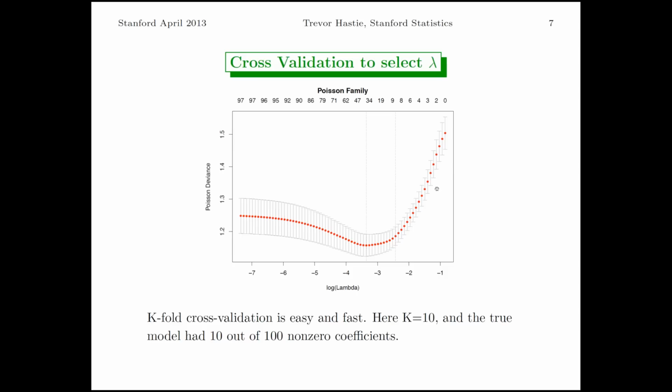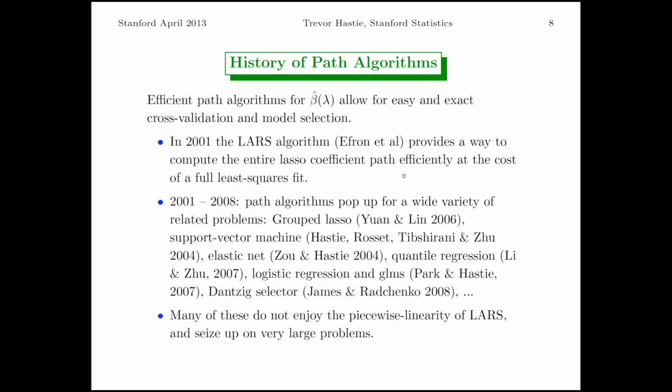The red curve is the cross-validation error as a function of log lambda, and we've put pointwise standard error bands just estimated from the tenfolds, a crude estimate of standard error, and it helps us select the best value of lambda. Okay, so far, important to have paths, efficient ways of computing paths, so we can do cross-validation to select the tuning parameter. So this led to a flurry of path algorithms following the Lars algorithm.